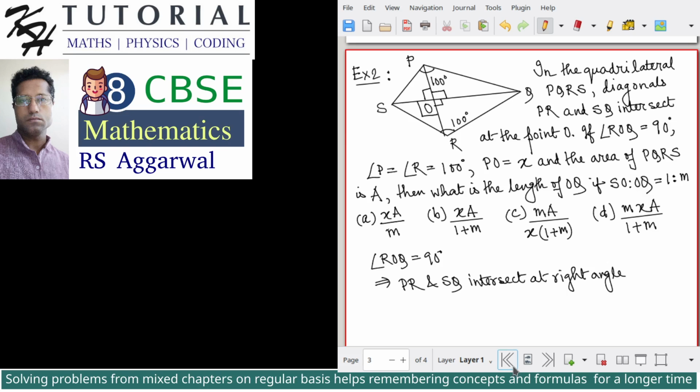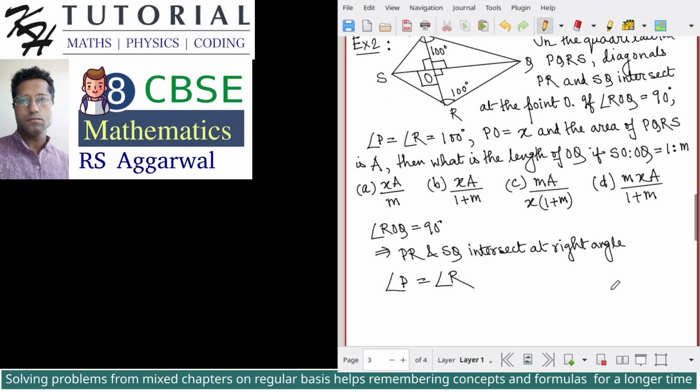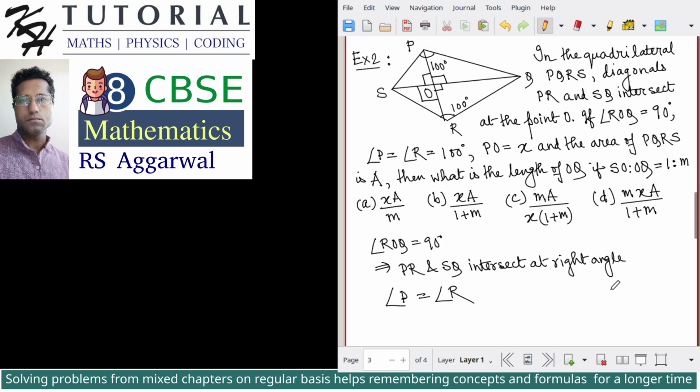And also it is given that angle P is equal to angle R. In a quadrilateral, if the diagonals intersect at right angles and two opposite angles are equal, then it has to be a kite.